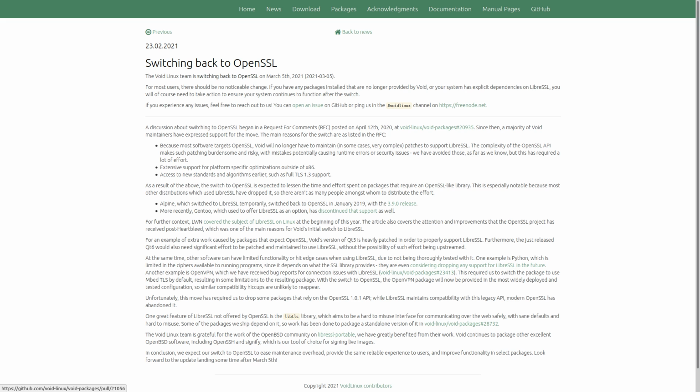But obviously, most people using Linux are going to want to have access to a variety of packages. So yeah, Void Linux is going to be switching over to OpenSSL by default as well.